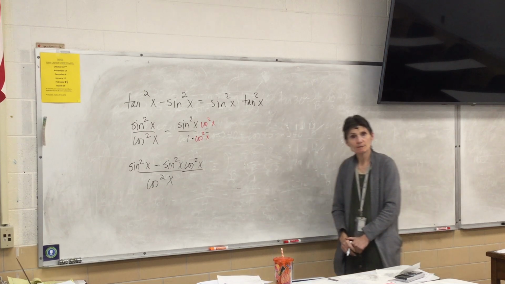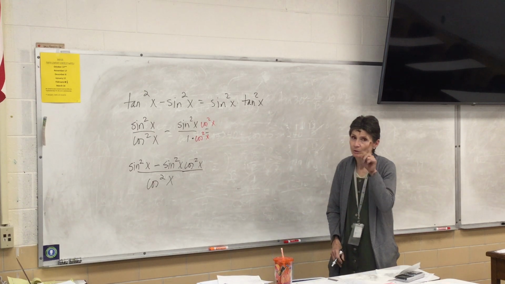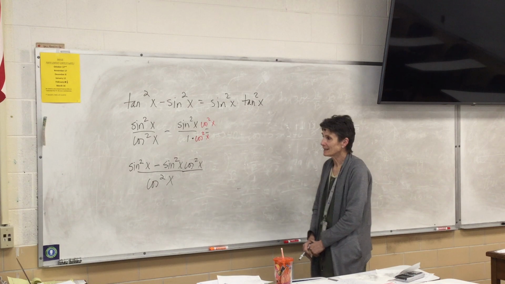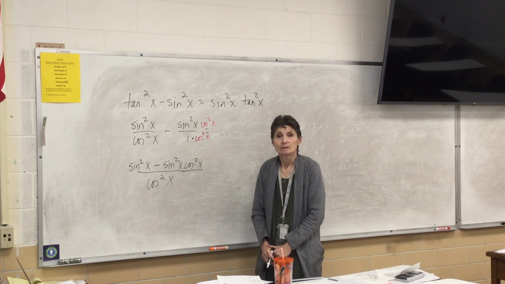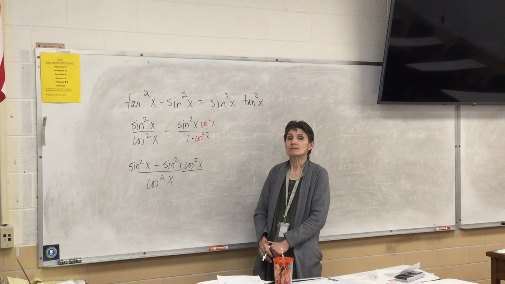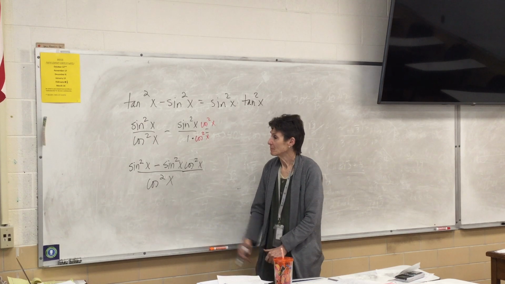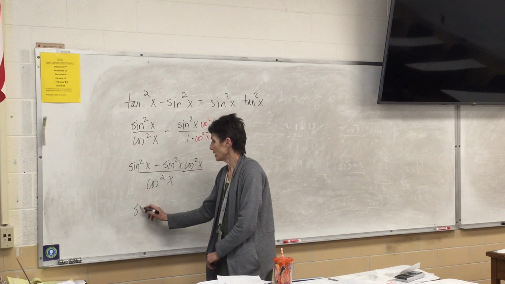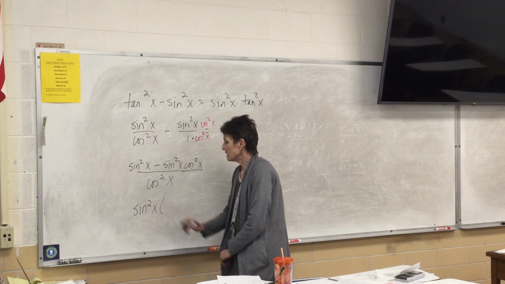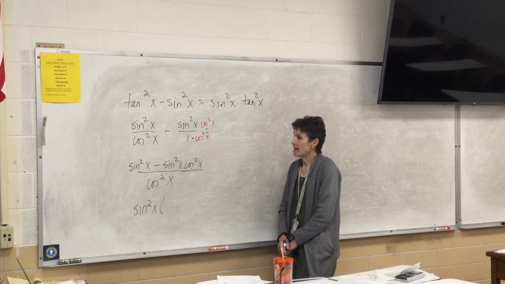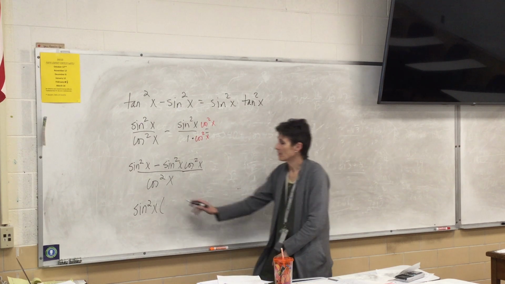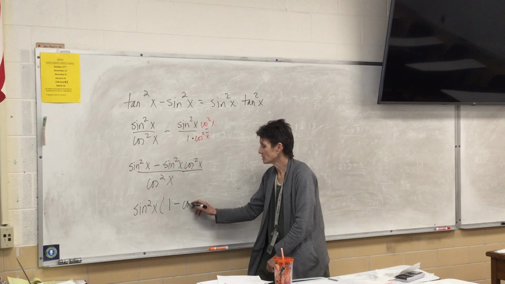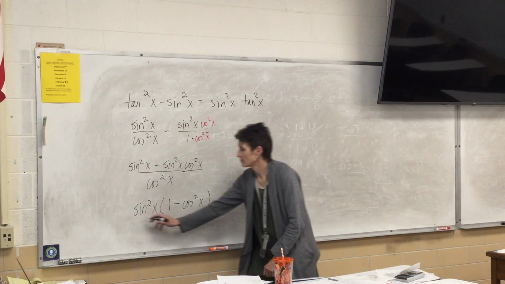Now at this point you're thinking, Mrs. Ford, this is getting worse, not better, but oh no, you're almost there. Look at that numerator. Just like the equations that we were doing yesterday, you can factor that numerator. So out will come a sine squared, and that will leave me with 1 minus cosine squared.